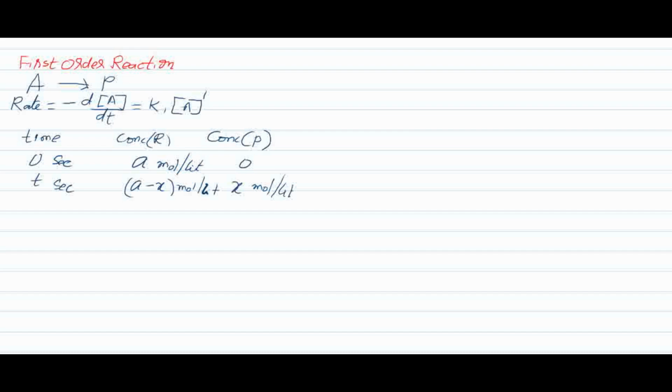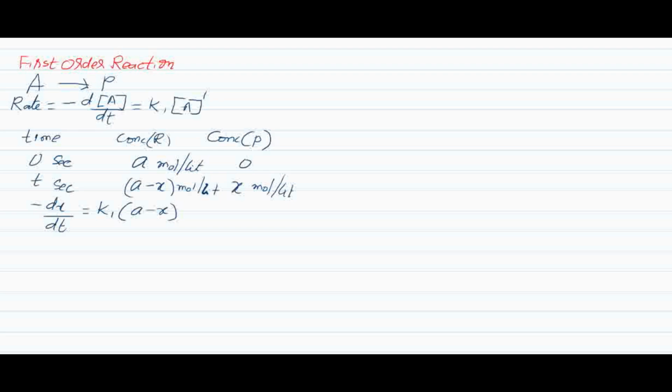At any time, the rate, minus dx by dt, depends upon the concentration of the reactants only. So that's why it is K1 into a minus x. This is the rate of the reaction at t seconds, when the concentration is a minus x.